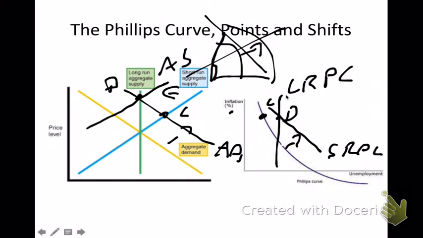Not today, though. So if AS shifts left, the short run Phillips curve goes right. Yes. What I do to double check that I'm shifting things the right way, if they don't give you inflation numbers, is make them up. Say at long run equilibrium it's 2% inflation at the natural rate.